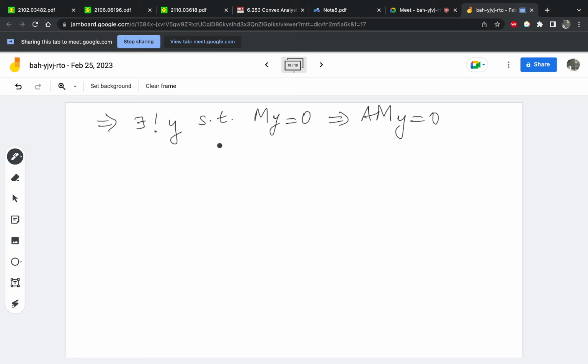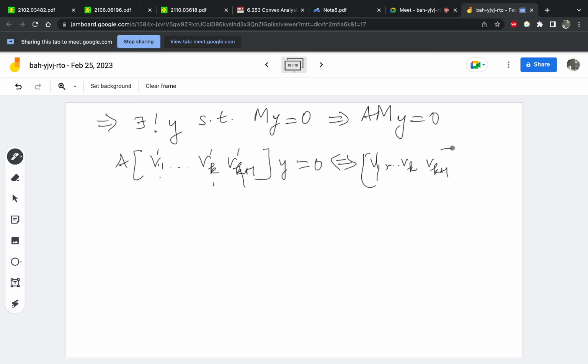So what is this equivalent to? Saying A times this matrix M, which is v1 to vk plus 1, times y is 0, is the same as saying, okay, running out of space.